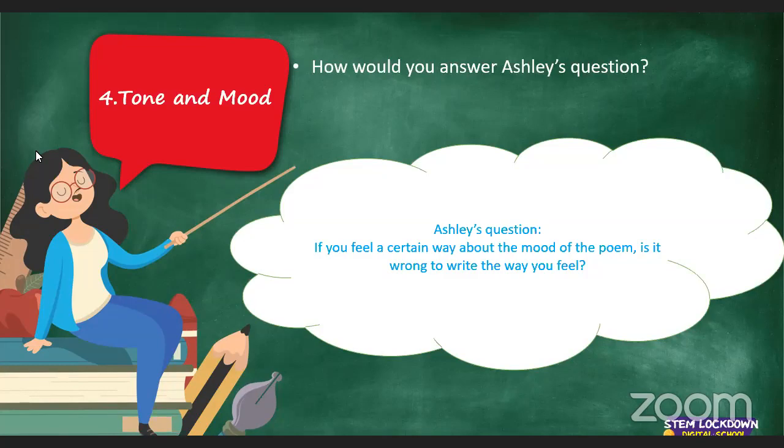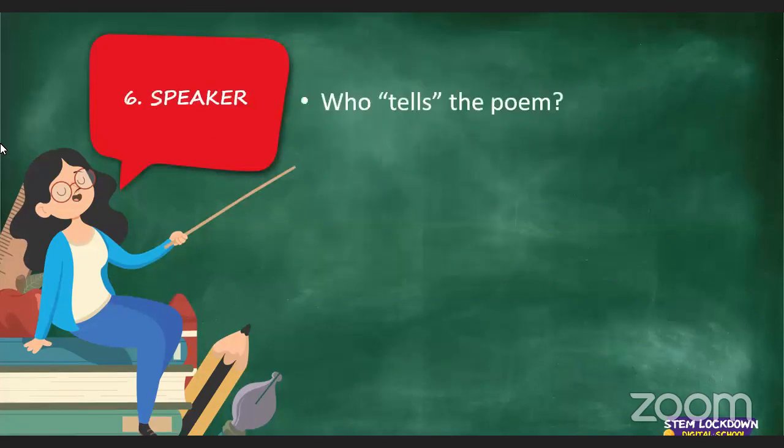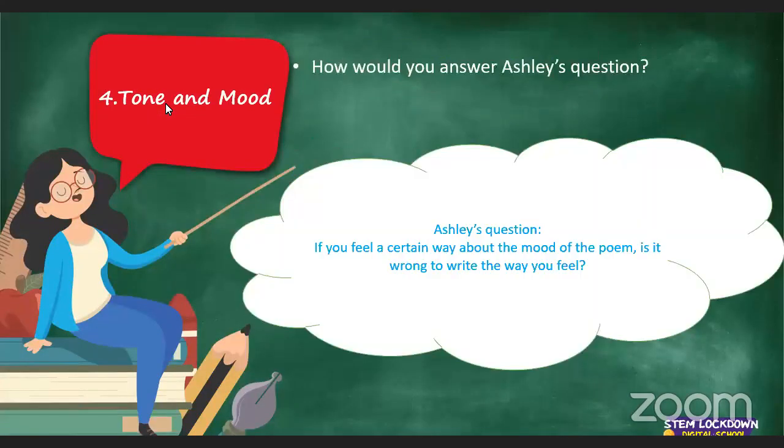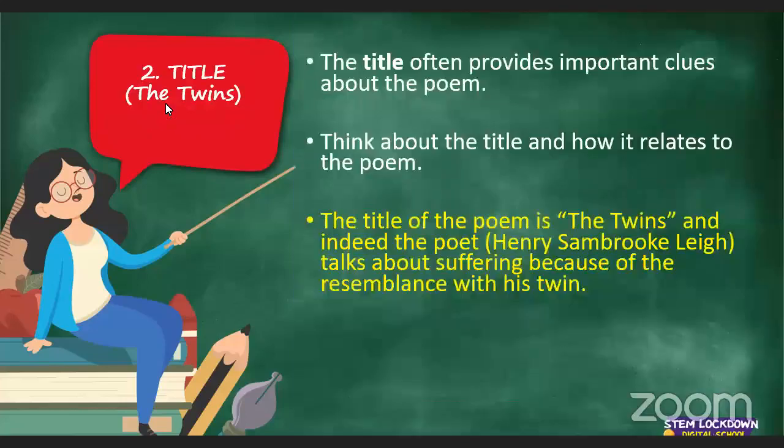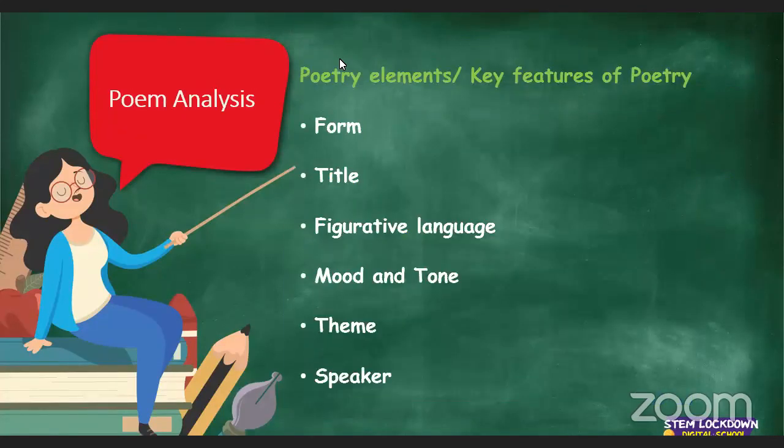So remember, let's just go over the tools again. When you are analyzing poetry, you look at the form. We said the form is the physical structure of the poem.